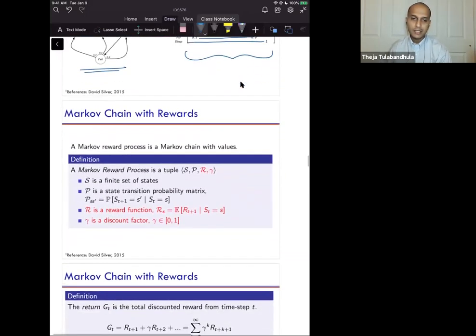Now, a Markov chain with rewards is called a Markov reward process. So an MRP can be described using a bunch of states, a transition probability matrix, and a reward function, and potentially also a discount factor. Recall from some early slide, I said it's just a number between 0 and 1.